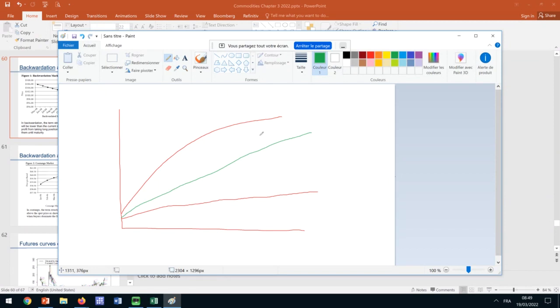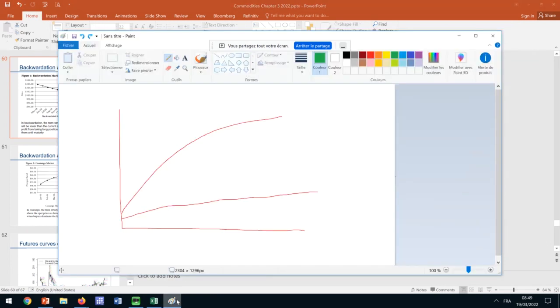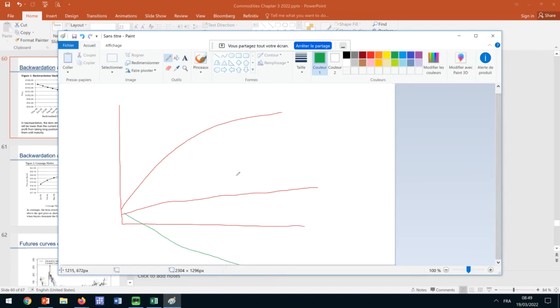But as we have seen in a lot of circumstances, we actually have a downward sloping curve. If you have a downward sloping curve, it first means that the lower boundary is very, very low, something like that, so that we can get a downward sloping curve here.